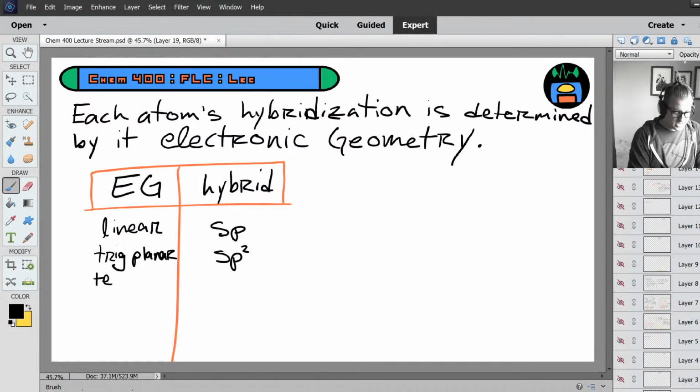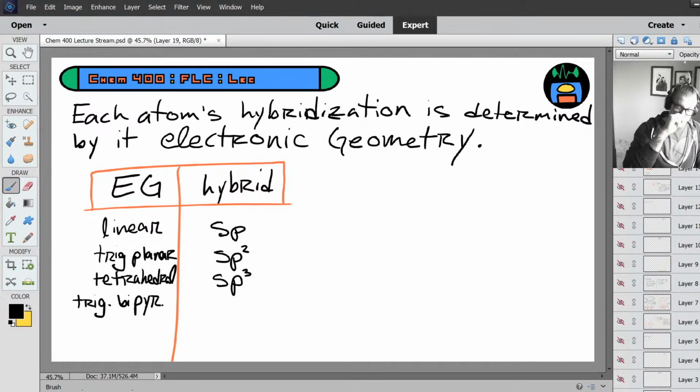If you're tetrahedral, we're using 4 orbitals, sp3. If it's trigonal bipyramidal, then you're using 5 orbitals, so it's sp3d in our hybridization.